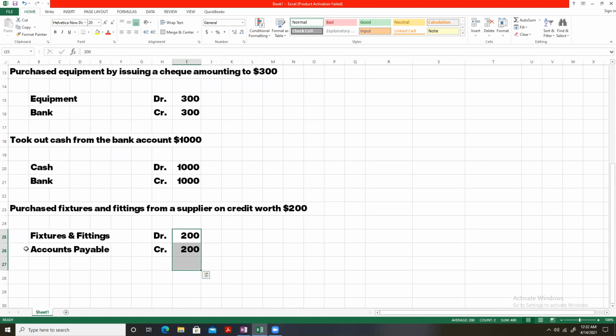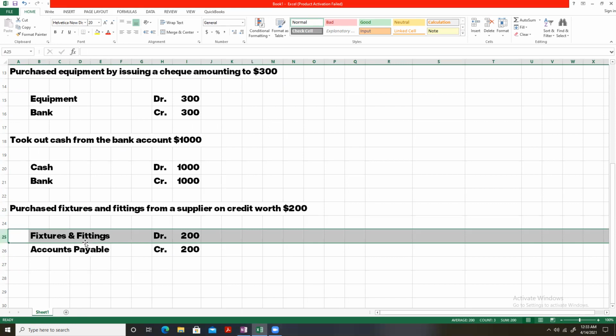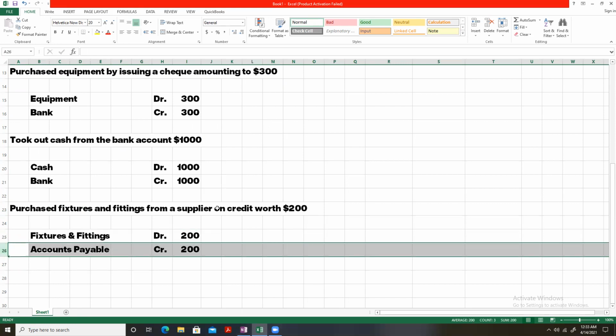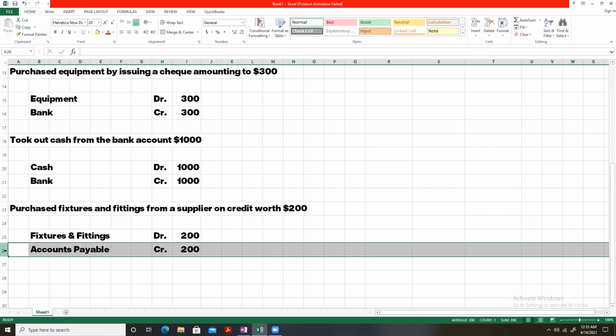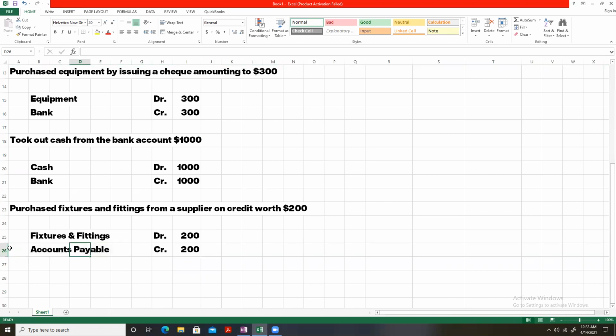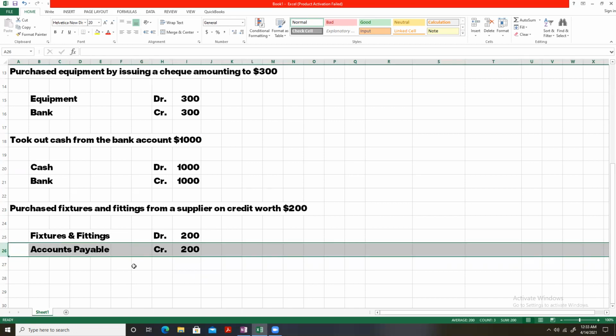As a result of this transaction, fixtures and fittings, an asset, increased in the business, and a liability to pay the supplier, as the transaction is on credit basis, increased. That's why we credited accounts payable, and accounts payable is a liability to make payments to our suppliers.